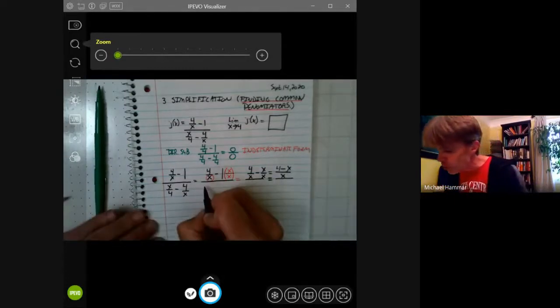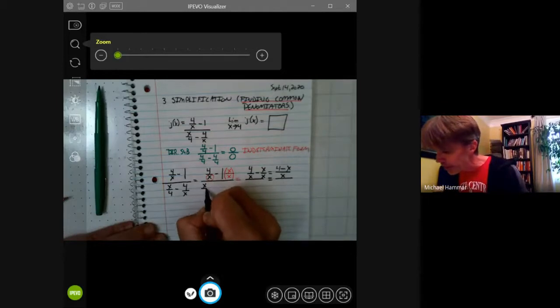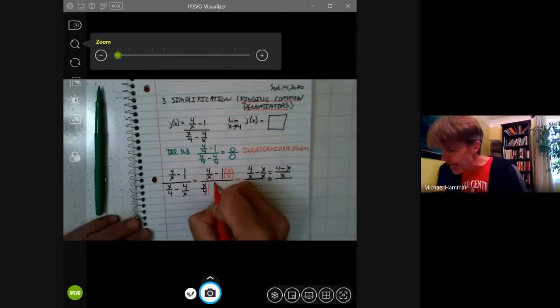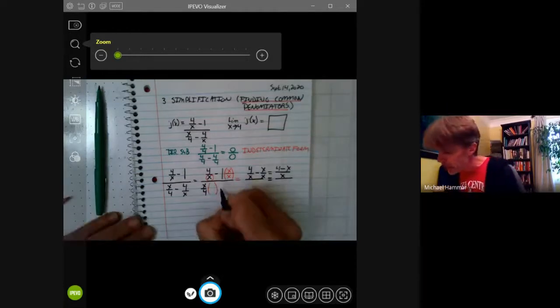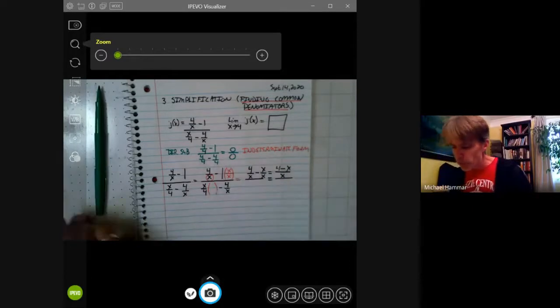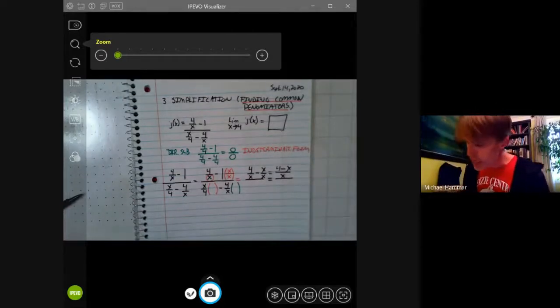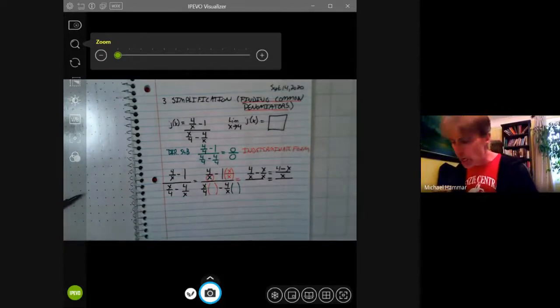So what do I do with the denominator? I have a couple of things to do. I need to multiply by 1 for both of those fractions to get them to have a common denominator.